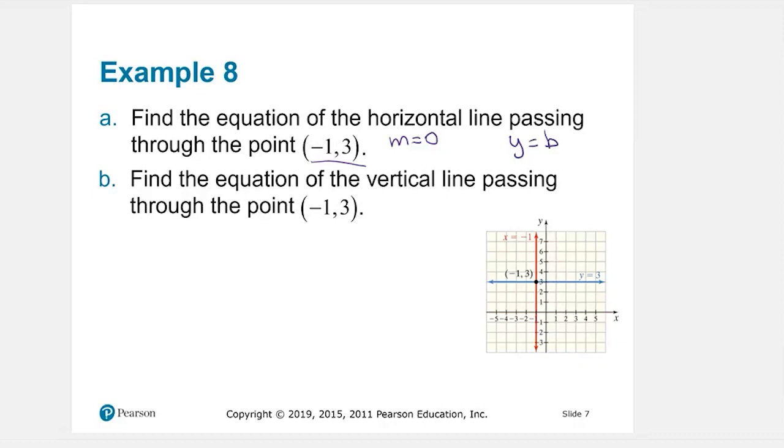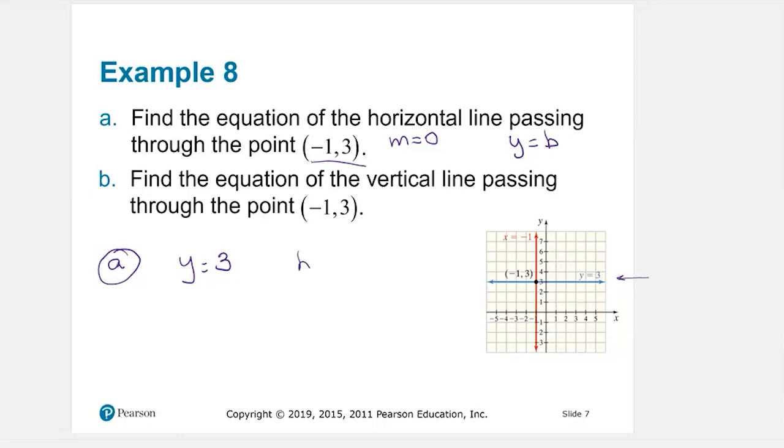If it passes through the point (-1, 3), then the equation has to be y equals 3, because every point along that horizontal line is y equals 3. And x can be anything, but y is always 3. So you can see that's this blue line right here. y equals 3, because we're looking for the horizontal.